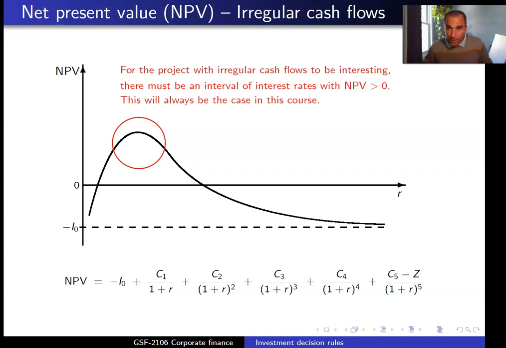Otherwise, the project would just be a money-losing adventure, and there's no reason to deal with money-losing projects. So in the case of projects with irregular cash flows, when the questions are about internal rates of return or other concepts, there will most of the time be a region where the net present value of the project will be positive.